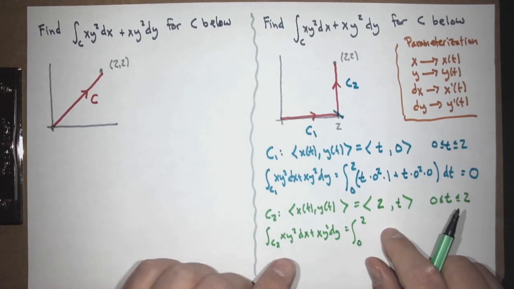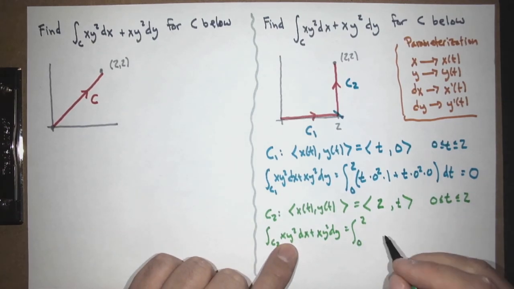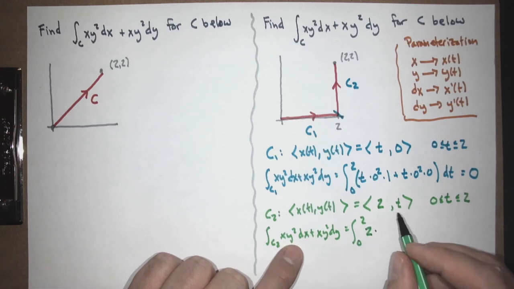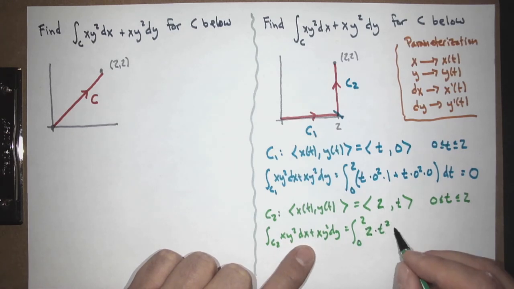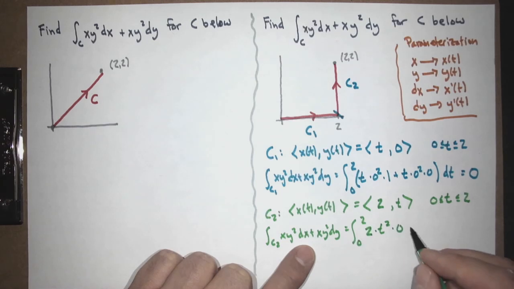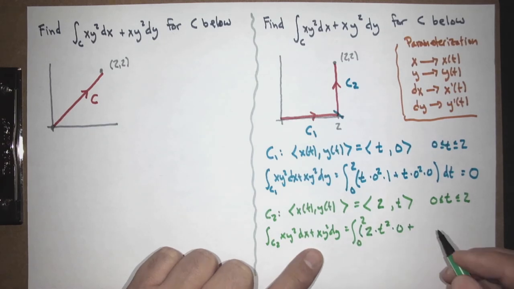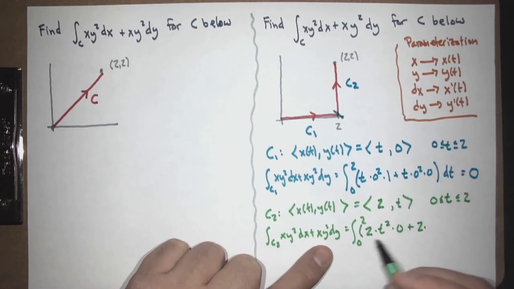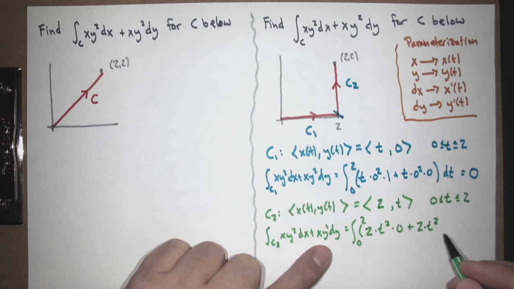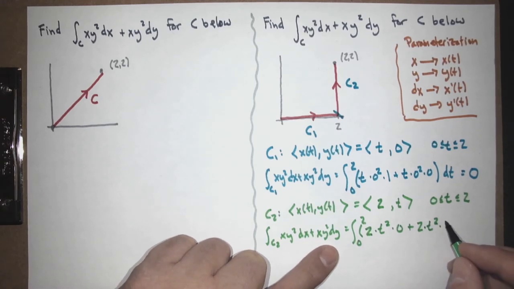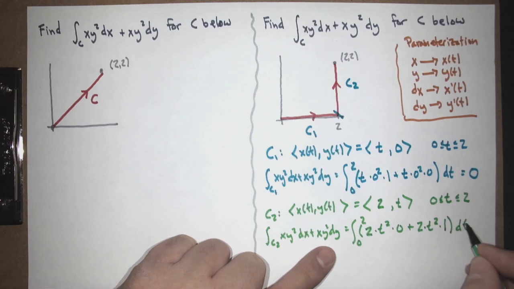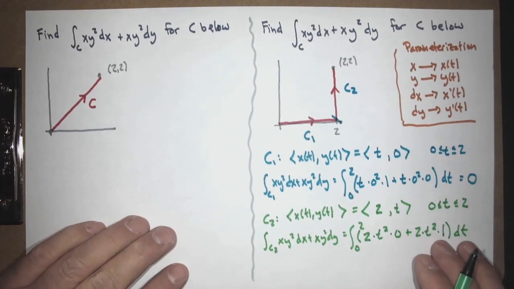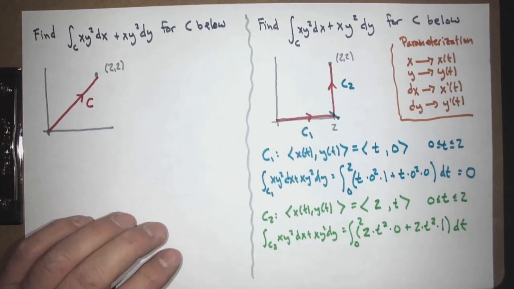and now you start putting things in. X is 2, y squared, t squared, dx, 0, plus x is 2, y squared, t squared, dy, 1. Right? Okay, now this is an integral where we actually get to do something.